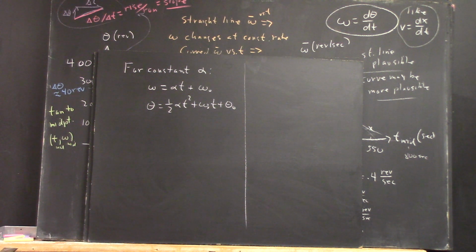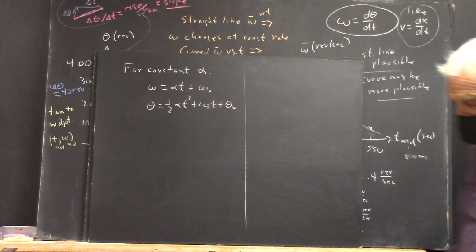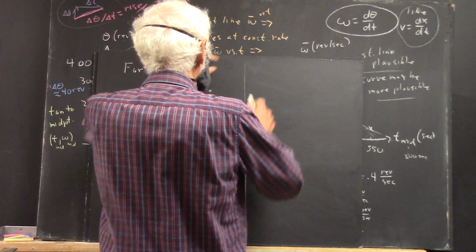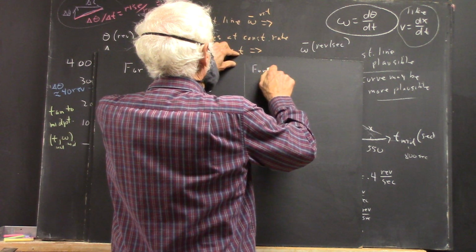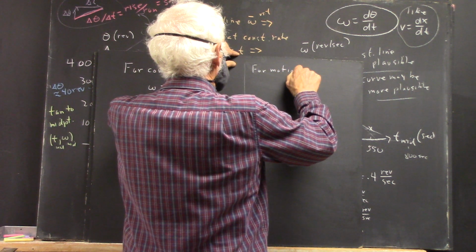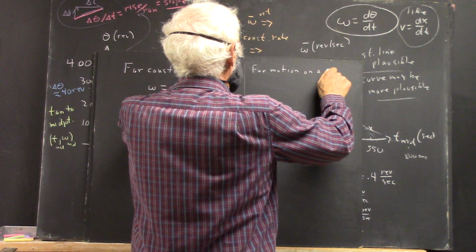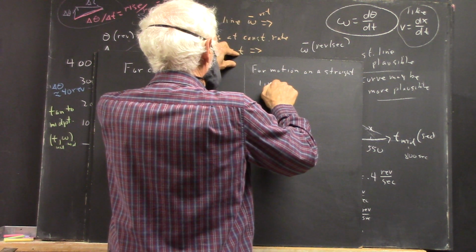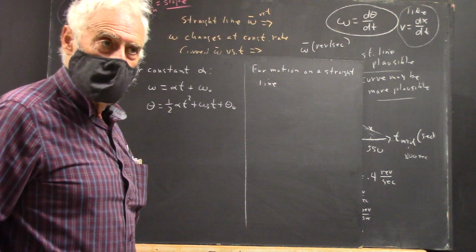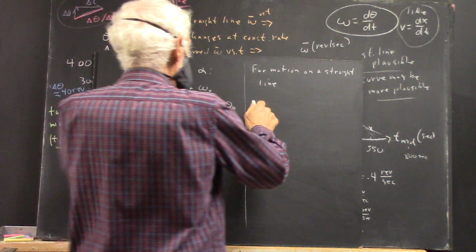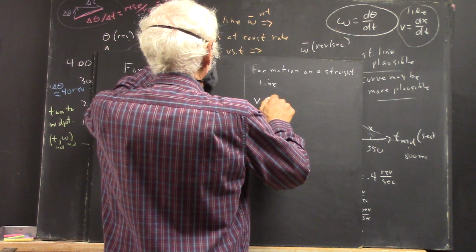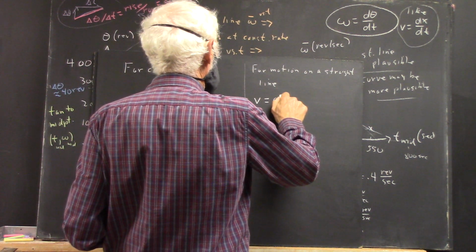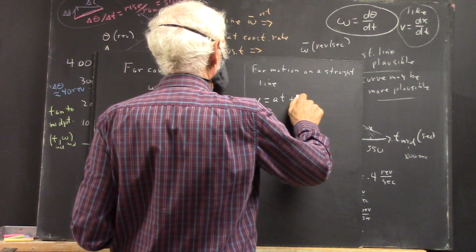Okay. So, for distance along the table, going to say for motion on a straight line, v, your velocity, equals at plus v naught.